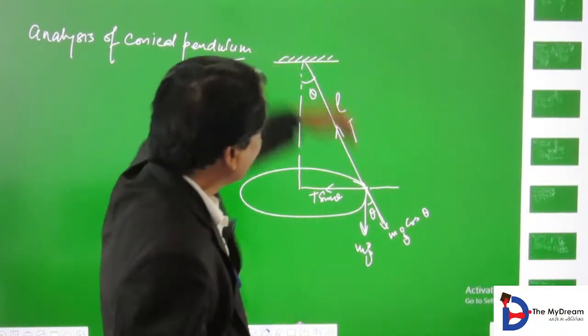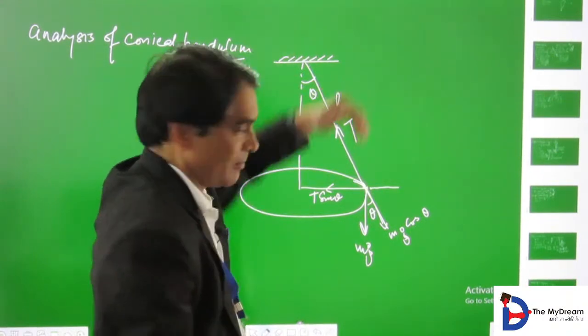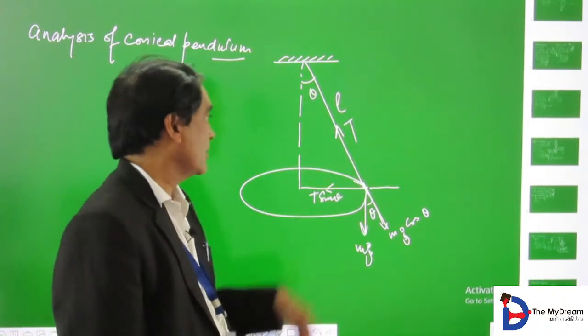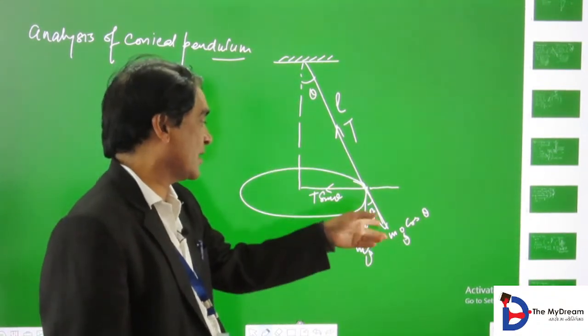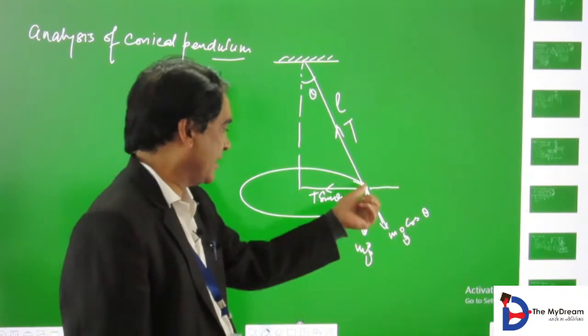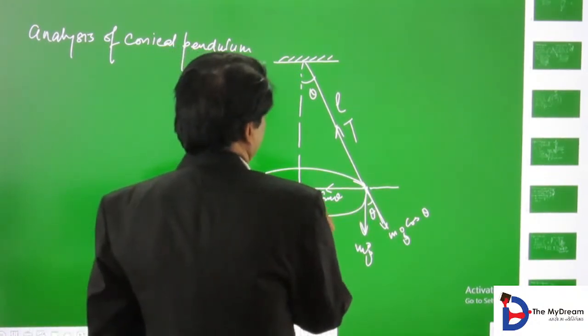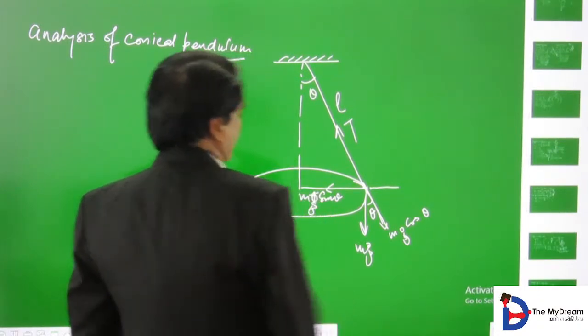The length of this string is L. T is the tension which is created due to this weight, and there are two components which arise, mg cos theta and mg sin theta.